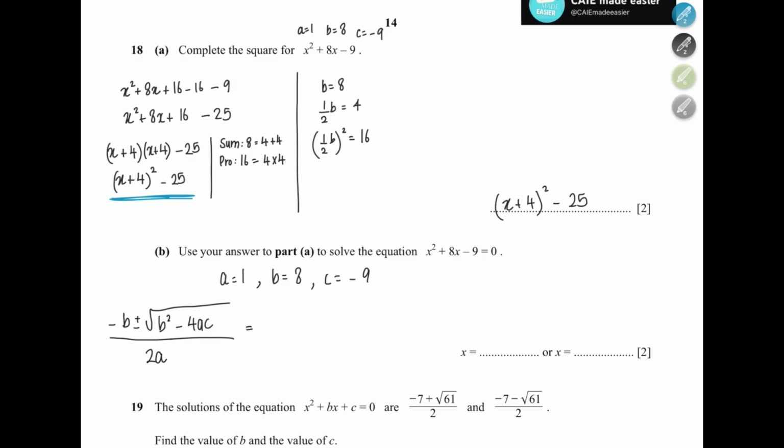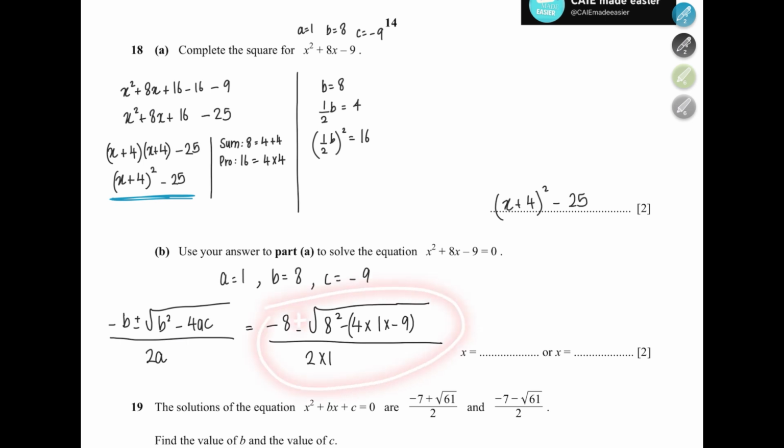If we substitute the values, it would be minus 8 plus minus square root of 8 squared minus 4 times 1 times -9 whole divided by 2 times 1. So now first you will find the value by adding, and then again you will find the value by subtracting. So this would give us -9 and 1.